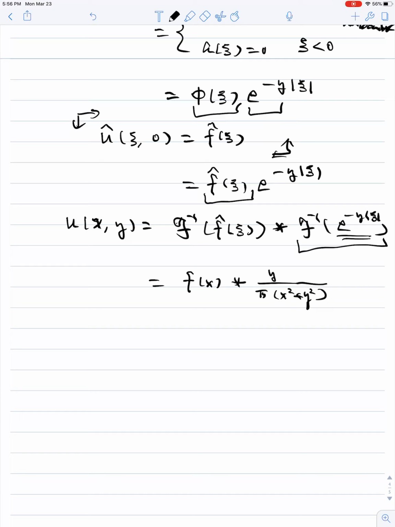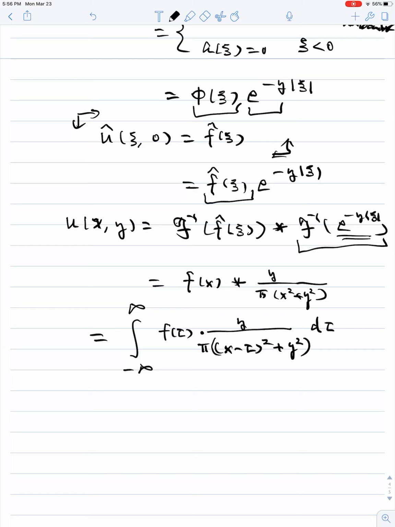Therefore, if you write this down explicitly, it is the integral from negative infinity to positive infinity of f(τ), using τ as a variable here, times y over π((x minus τ) squared plus y squared), with the integral with respect to τ.